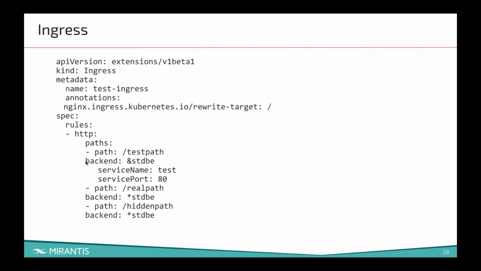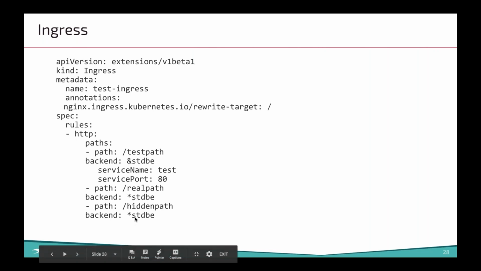So I think my indentation is screwy here. I apologize. These are supposed to be indented a bit more. But the important thing here is we are specifying that a standard backend would be a service name and a service port, and then we are referencing it here.